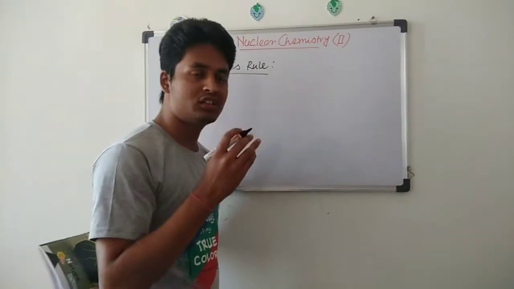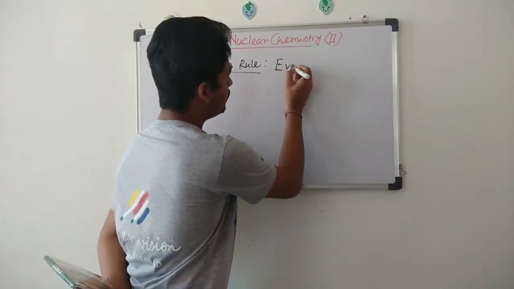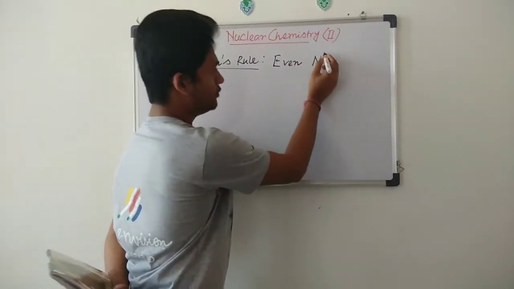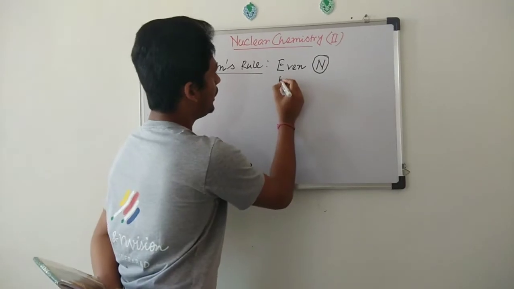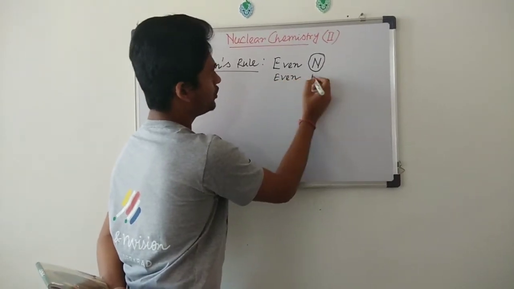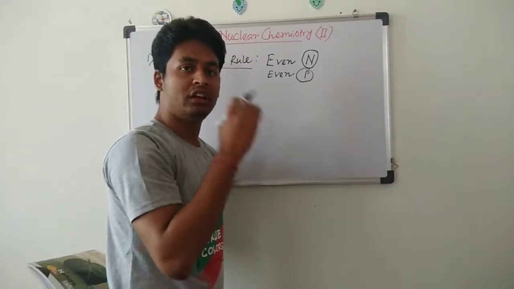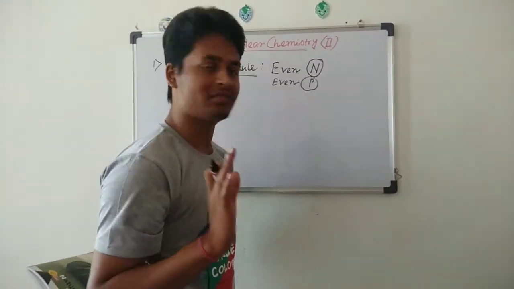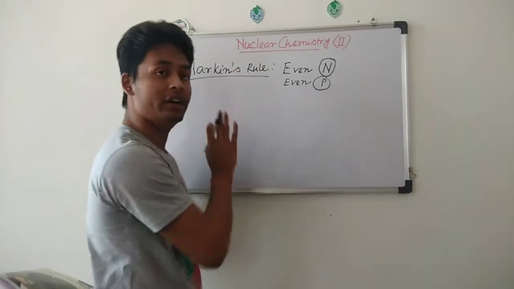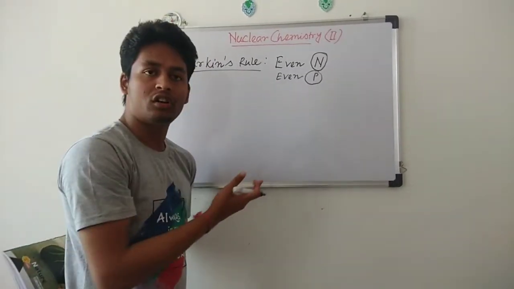So what did he tell? Even number of neutrons, I am writing neutron as N, and again an even number of protons. Nuclides which have an even number of neutrons and an even number of protons have exceptionally high stability. So that was his verdict. How did he get that verdict?